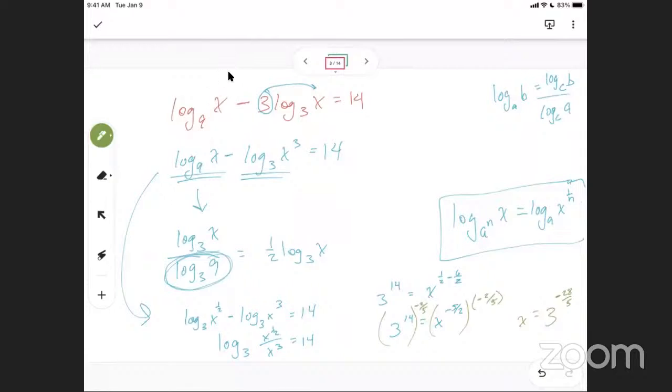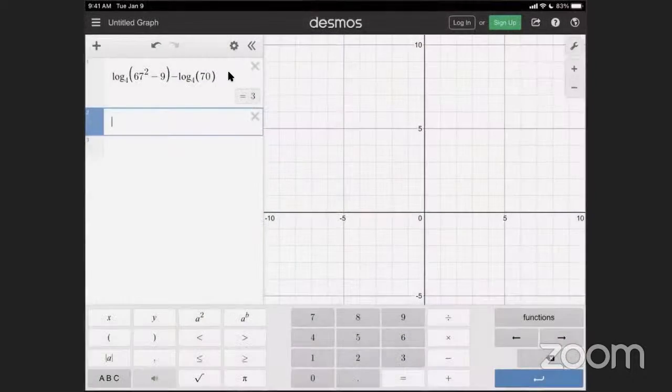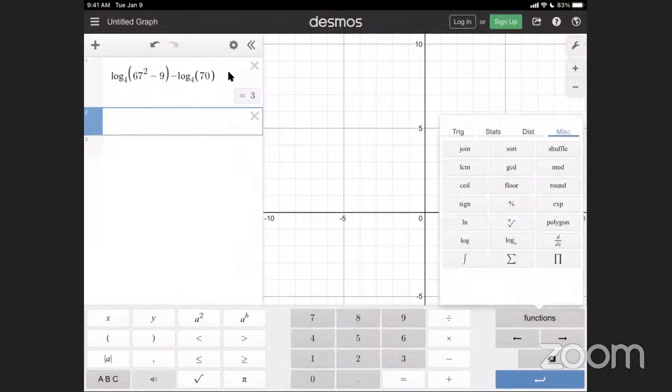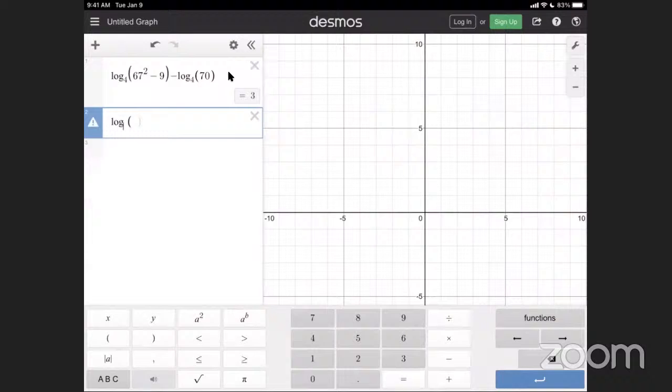All right, so Eric, let's check this answer by just plugging it into here and let's see if we get lucky. So it's log base 9 of 3 to that power.